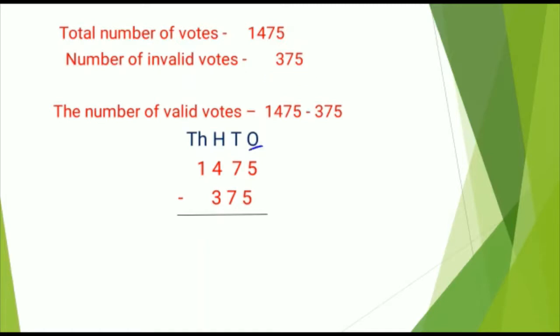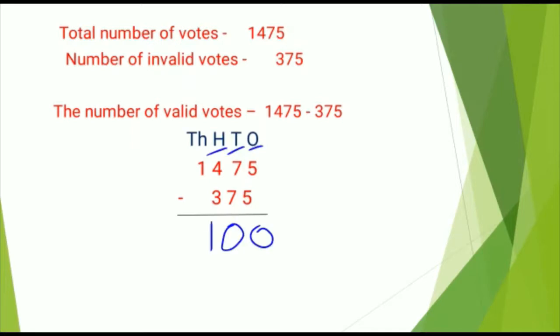Start from ones place. We subtract 5 from 5, we get 0. Now coming on tens place, we subtract 7 from 7, we get 0. Now coming on hundreds place, we subtract 3 from 4, we get 1.